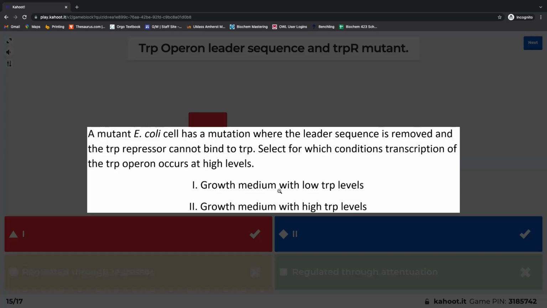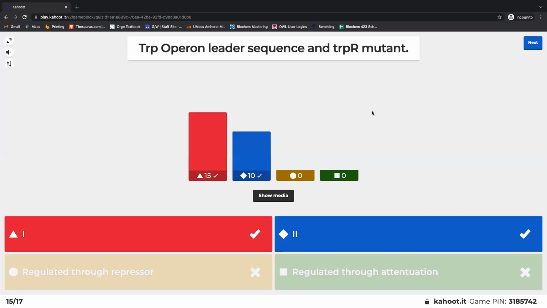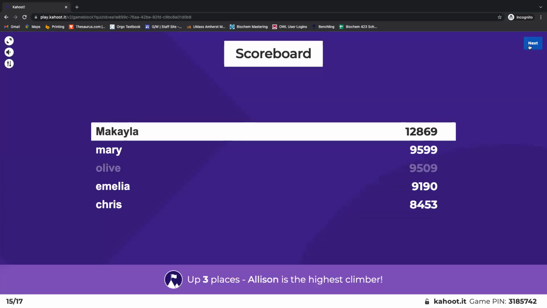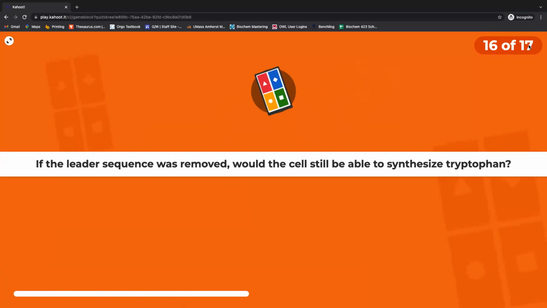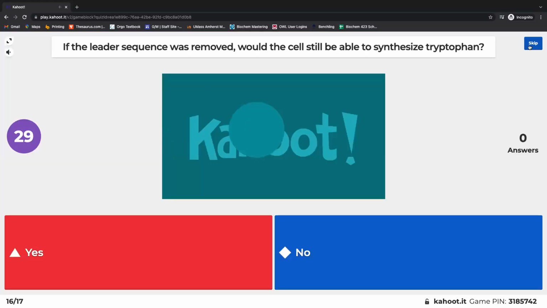No. So what is regulating the trp operon? Nothing. So it doesn't matter if it's low trp or high trp. If there's nothing to regulate it, you'll just keep transcribing it. And yeah, there's no regulation. It's kind of an easy question after that explanation.